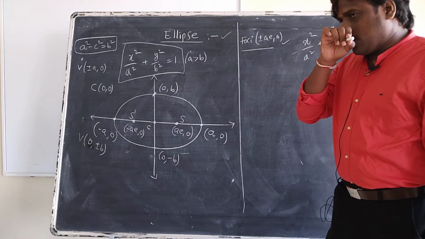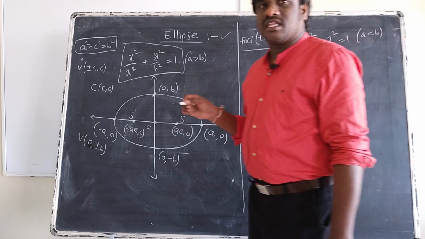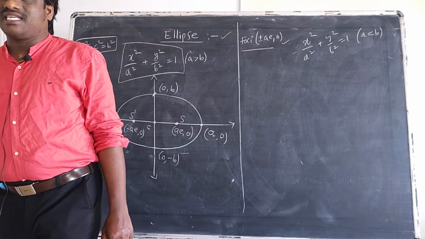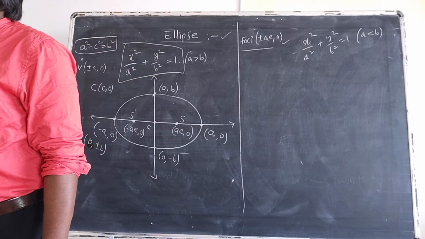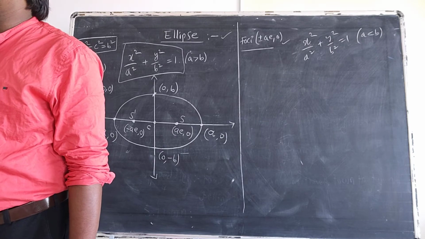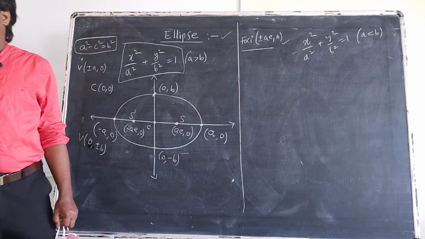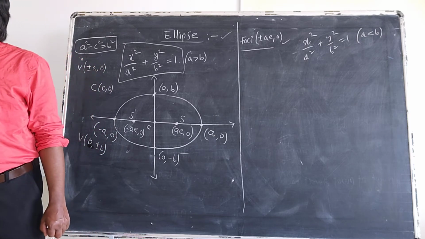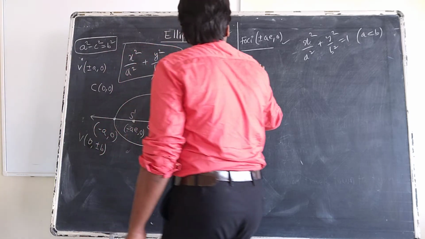Very good. Now, what I want to say here, I can say this is the axis. The axis which lies along the focus is called the major axis. So the axis on which the focus lies is called the major axis.